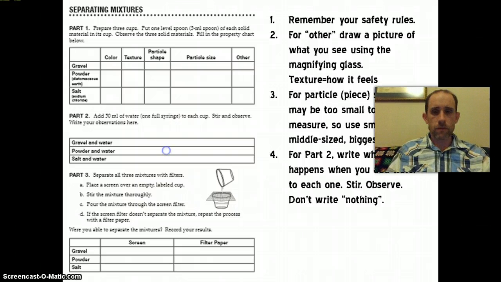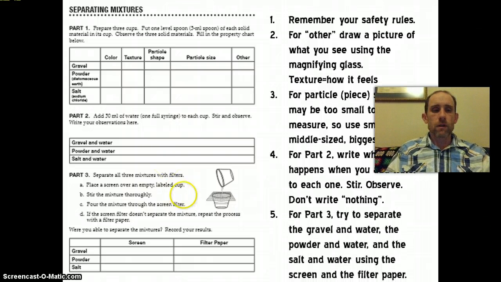Take your time. And then for part 3, after having added water to the cups, you've created mixtures of water and gravel, water and powder, and water and salt. Your goal is to try to separate the mixtures using the screen, first of all, which is pictured here, and the filter paper, which is just a coffee filter, which I've shown you.